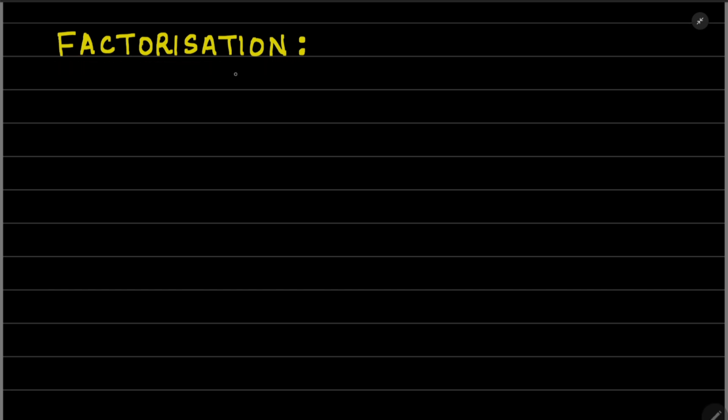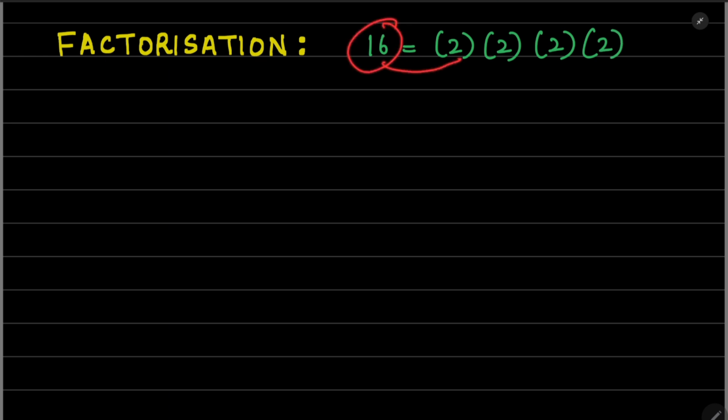Factorization is nothing but whenever you have to express a particular number or an expression as a product of its factors, that is what is called factorization. For example, if you have the number 16, you are writing 16 as 2 multiplied by 2 multiplied by 2 multiplied by 2. So you have expressed 16 as a product of its factors.